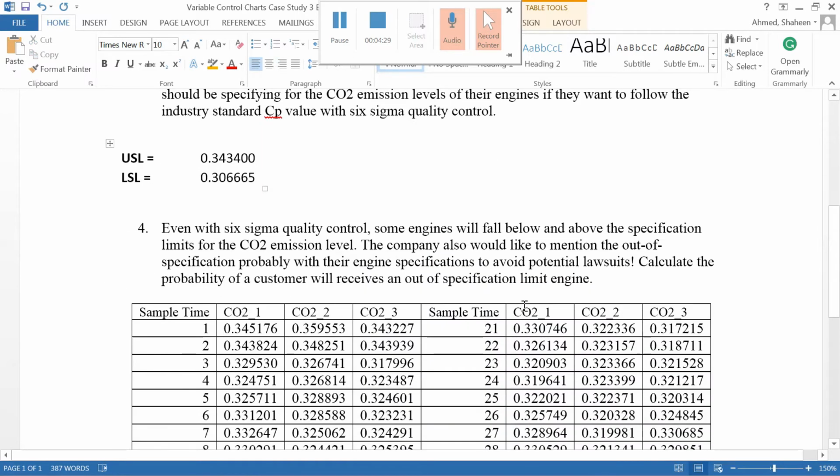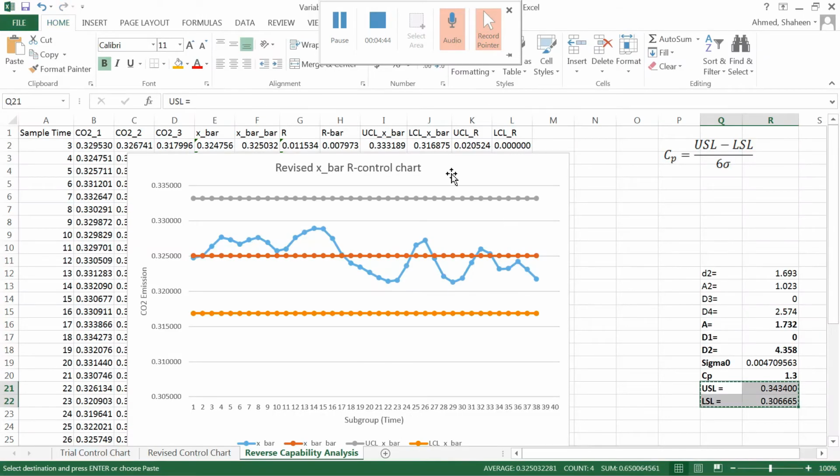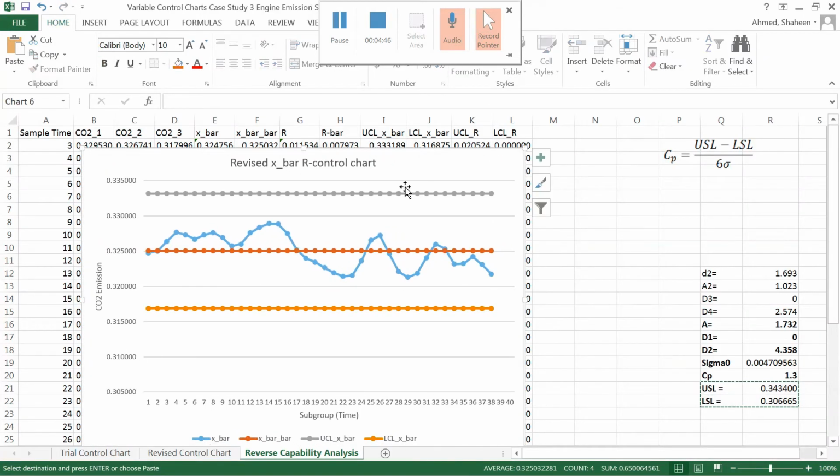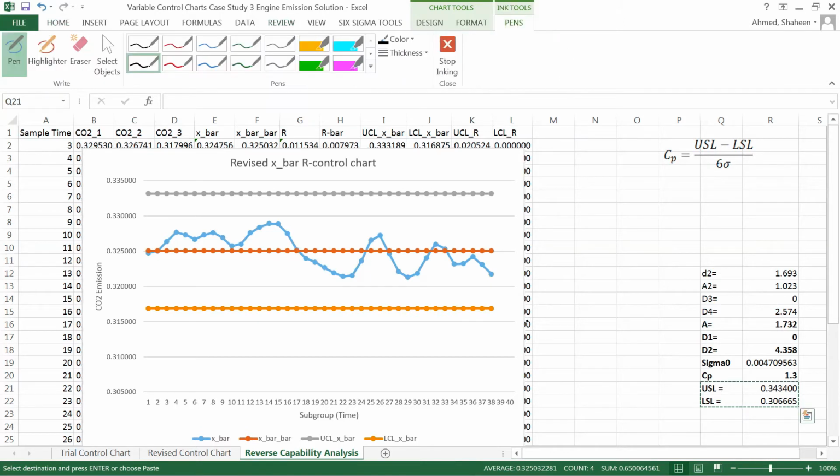Now once again, this question says, even though you maintain this Six Sigma quality control standard, there will still be some engines out of spec, because the normal distribution never touches the x-axis. If you perform this analysis, there will always be some.